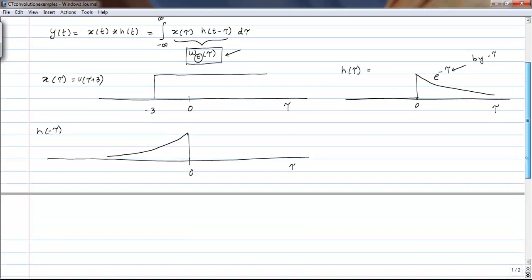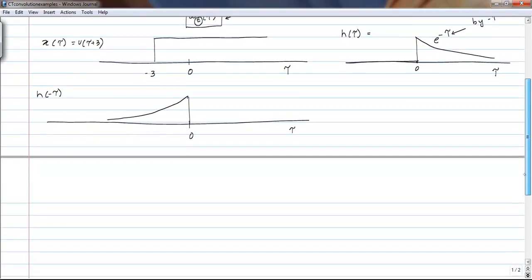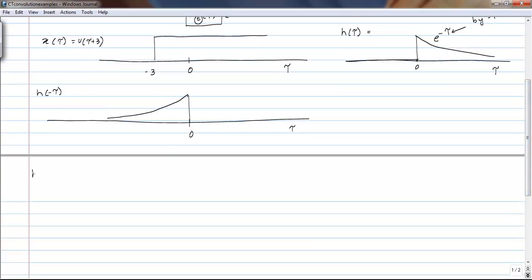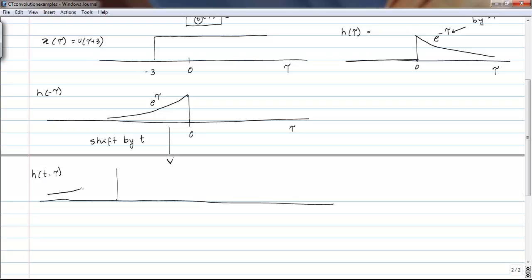So let's look at the signal h of t minus tau. What is h of t minus tau? h of t minus tau is obtained, remember this is e raised to tau, by shifting this by t to the right. But when t is large and negative, h of t minus tau looks like this.